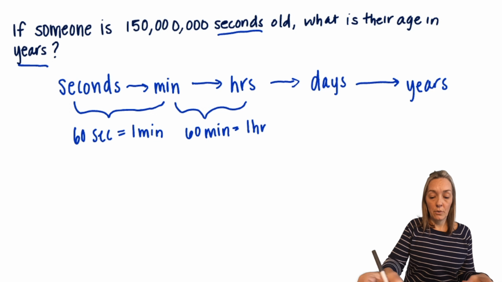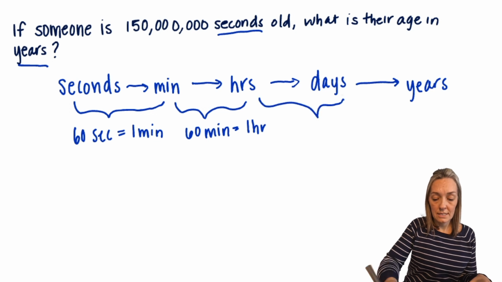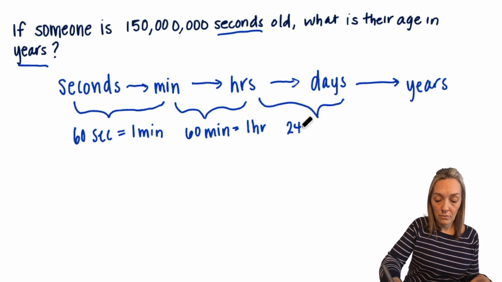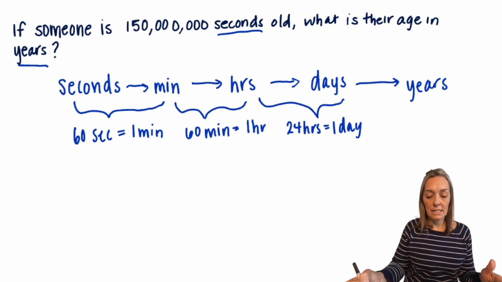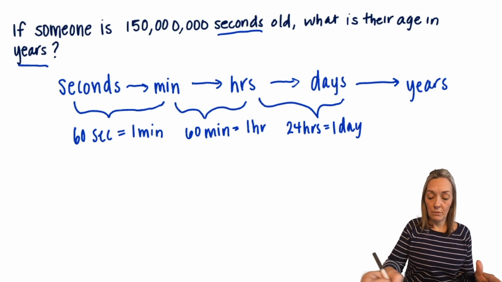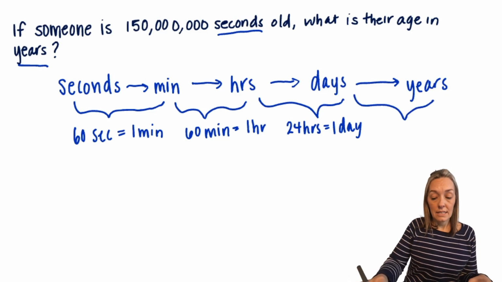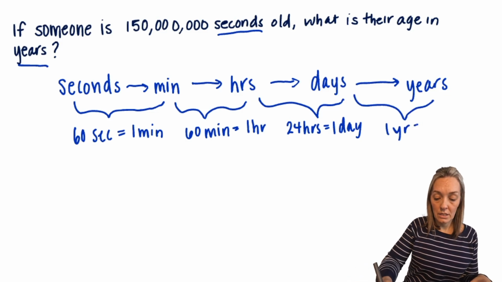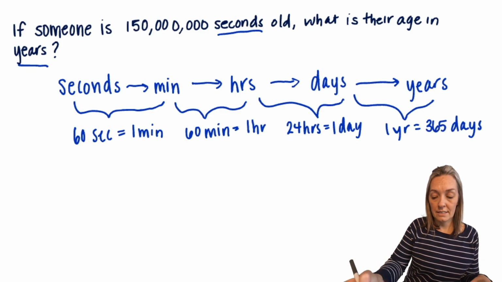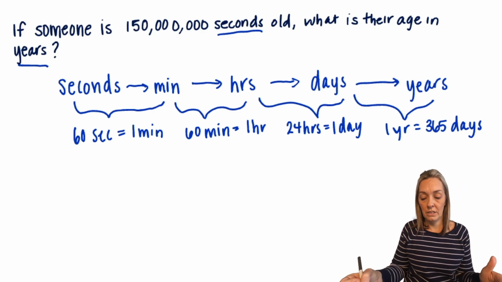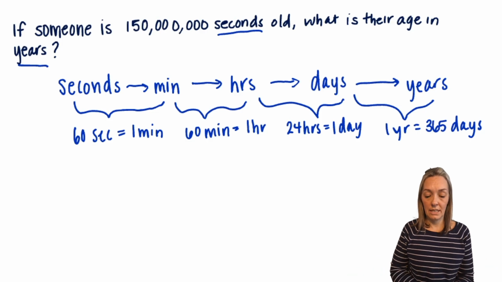The next step has me going from hours to days, and I know that there are 24 hours in 1 day. When I'm writing this initially, it doesn't matter what unit I'm writing first. I'm just making sure that they are equal to one another. Then, days to years. In 1 year, I have 365 days. Again, it doesn't matter if I write 365 days equals 1 year or 1 year equals 365 days.